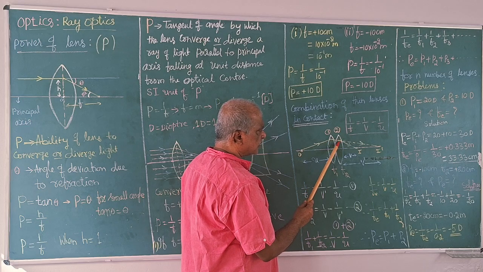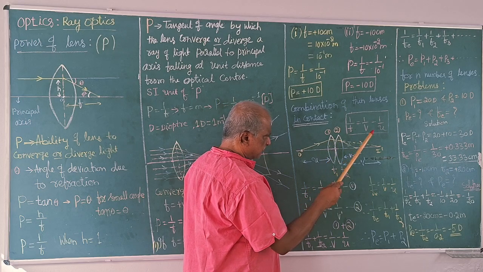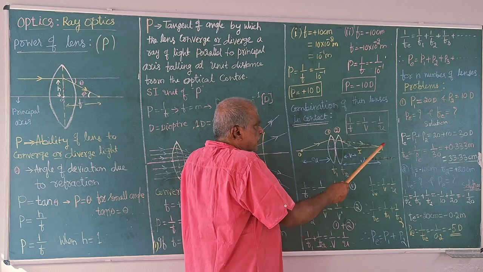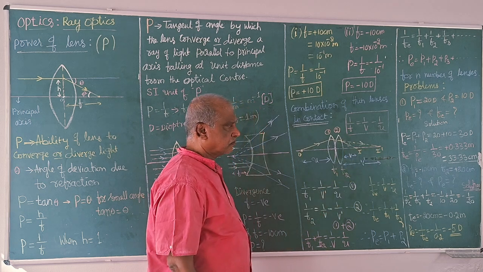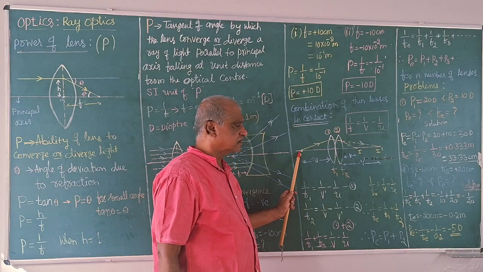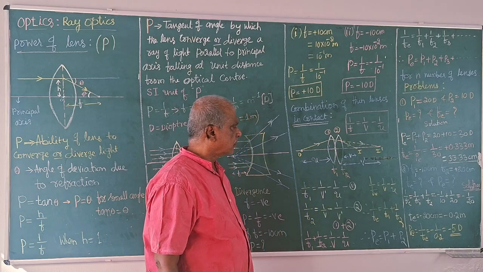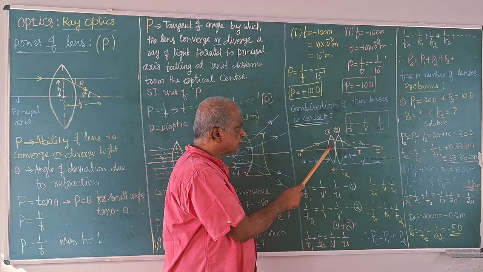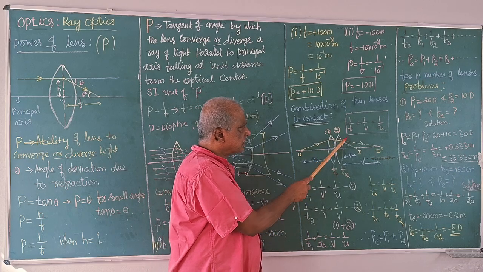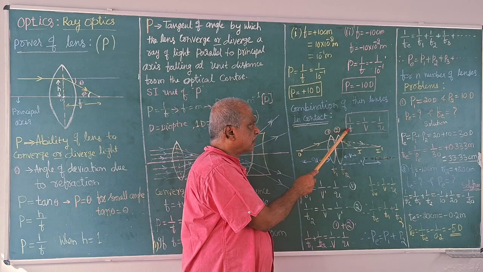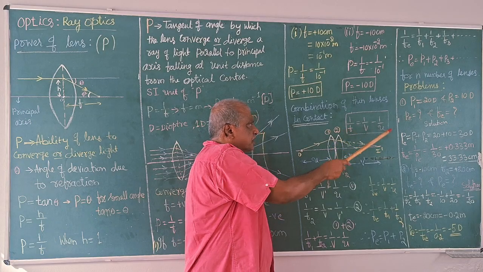Since it is again converging, with further convergence and deviation, we get the image here instead of over here. This is the net image for this object after two refractions. For every lens, this is the equation relating focal length, image distance and object distance.